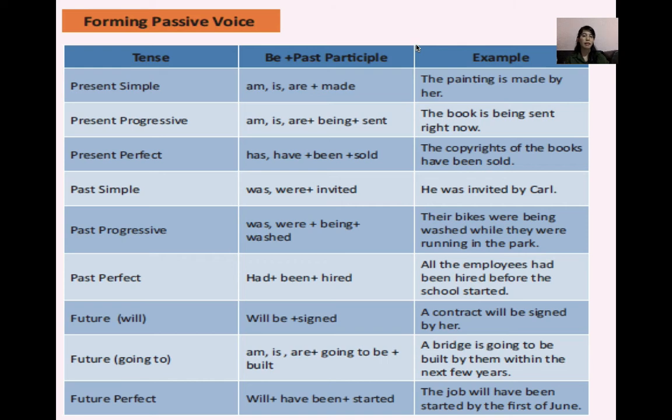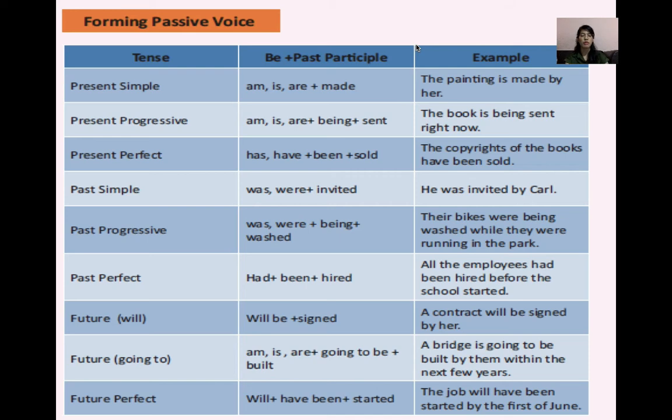The example: the book is being sent right now. And present perfect: has, have plus been plus sold. The copyright of the books has been sold. And you can read and understand this forming of passive voice by yourself, okay?